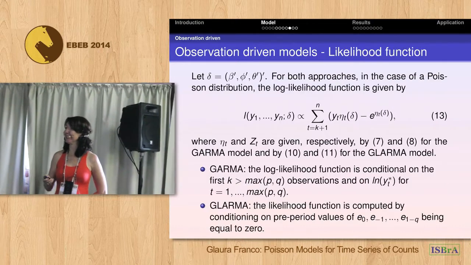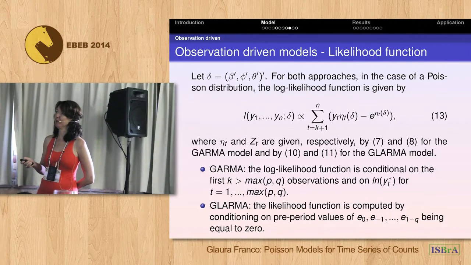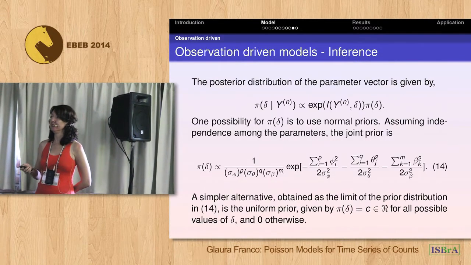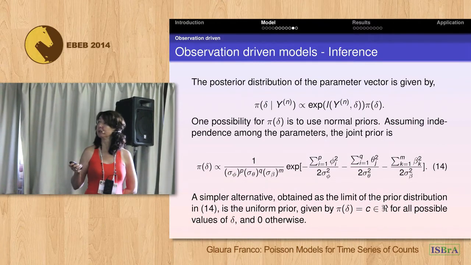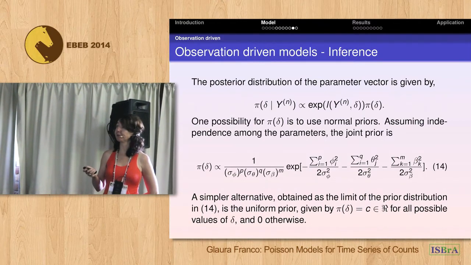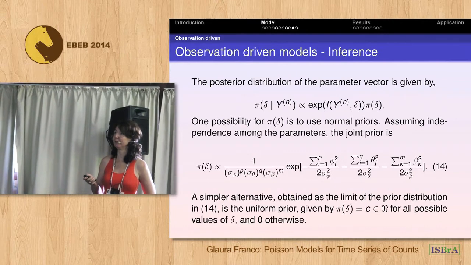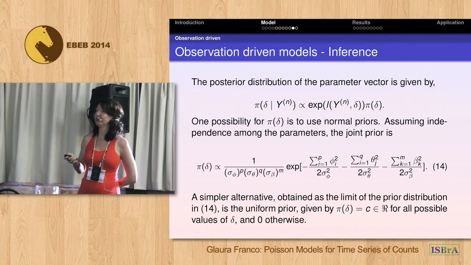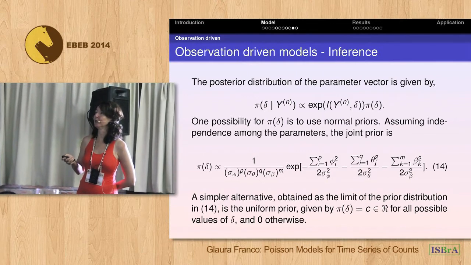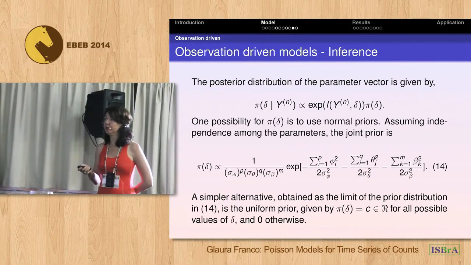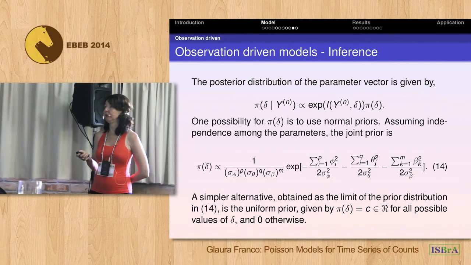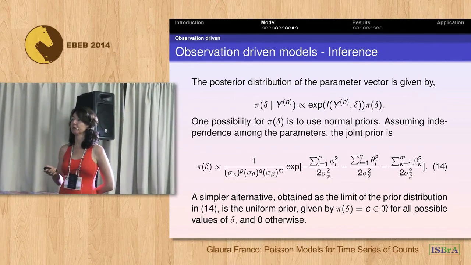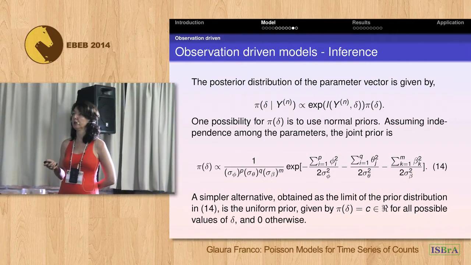So the likelihood here is very simple to write, because we have the Poisson model, and for this we use MCMC. Oh, sorry, here we have the likelihood, and for the MCMC we need some priors, and we can think of a multivariate normal distribution for phi, theta, and beta.